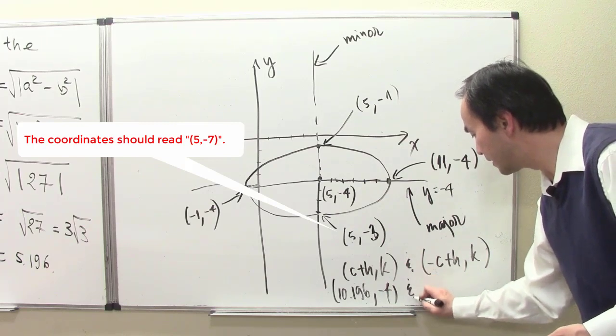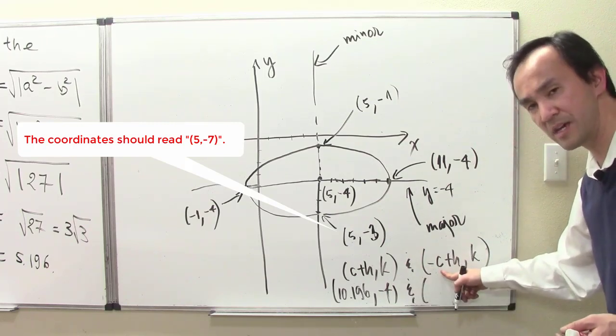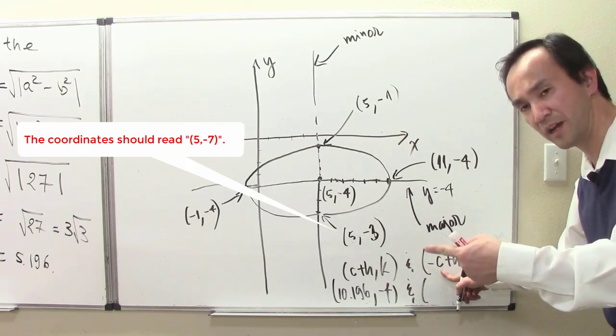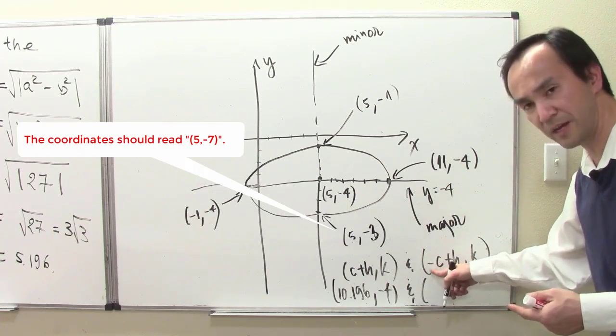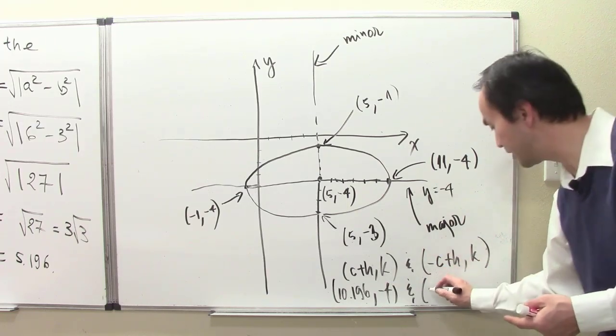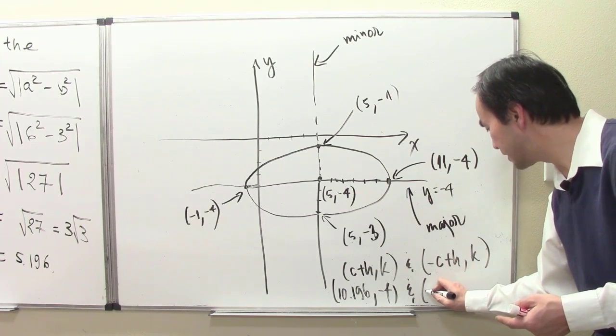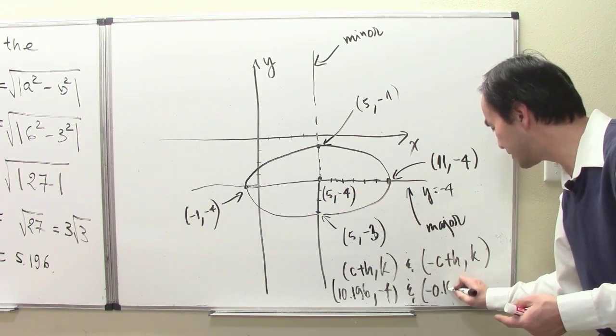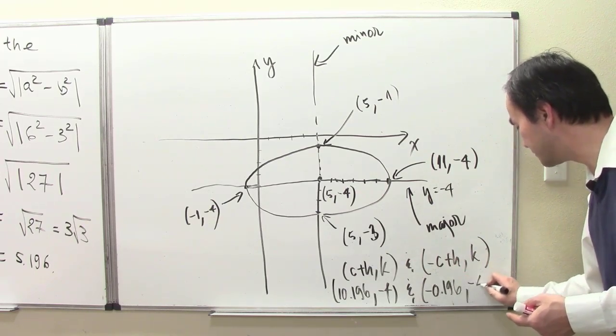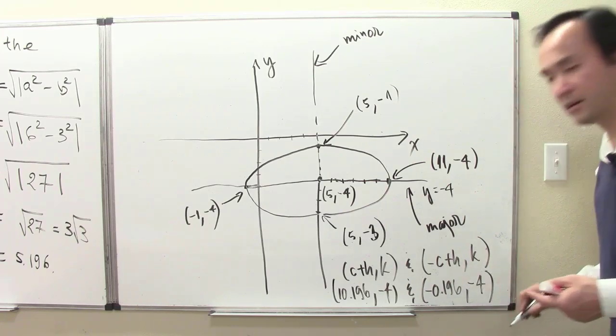And for the other point, c being 5.196, with the negative of that plus 5 for h, we're looking at negative 0.196, comma negative 4.